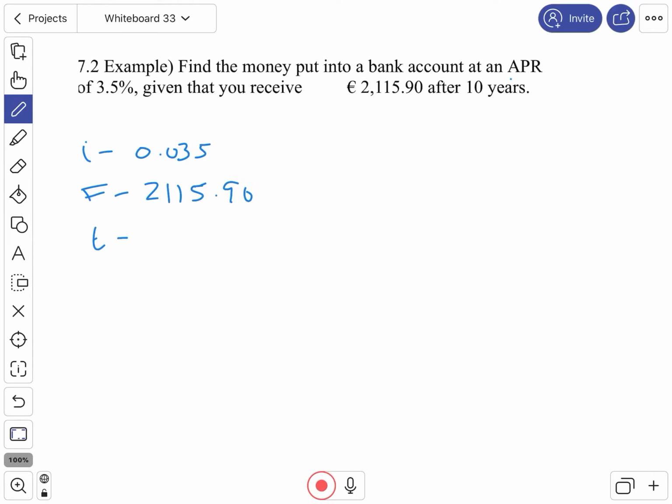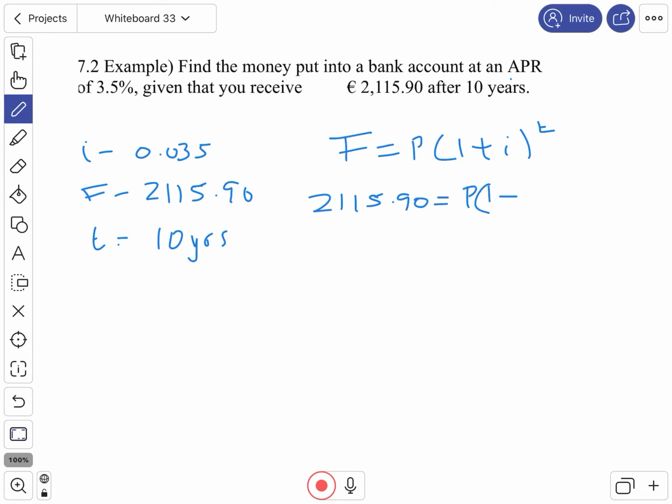And then my time is 10, and that's in years, so that's fine. Again, I'm going to write out my formula and fill it in. 2115.90 is equal to P, which is the one I don't know, times 1 plus 0.035 to the power of 10.